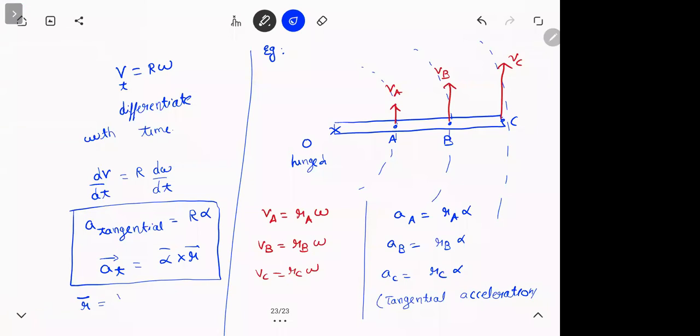So R bar is the vector from the center to the point, whichever point you want to calculate. Put this down.